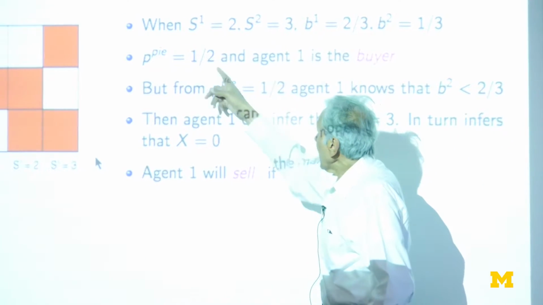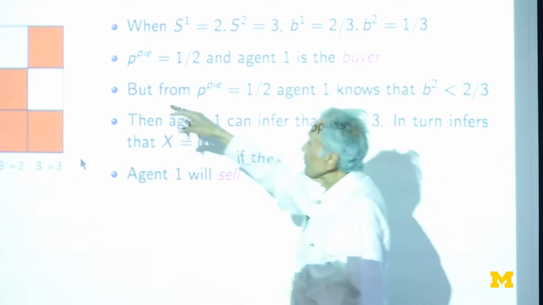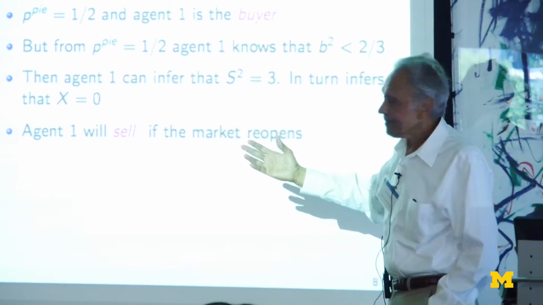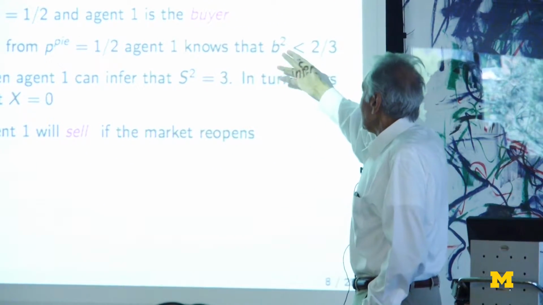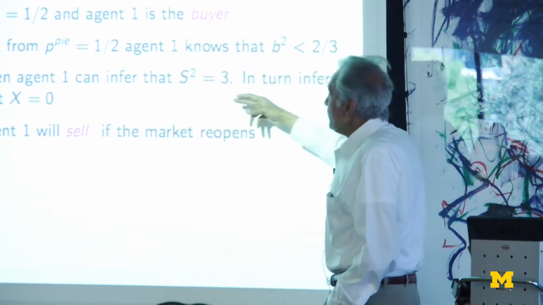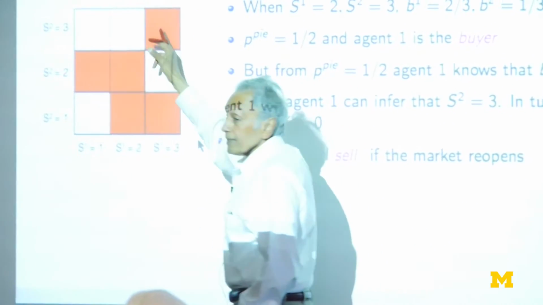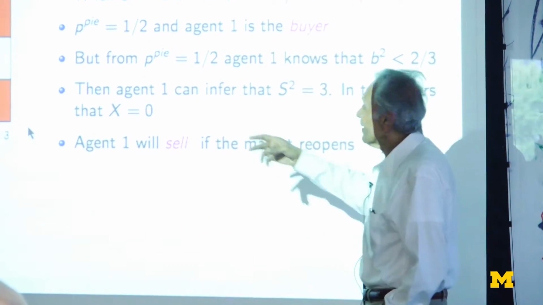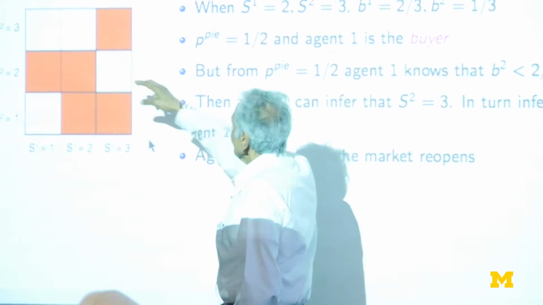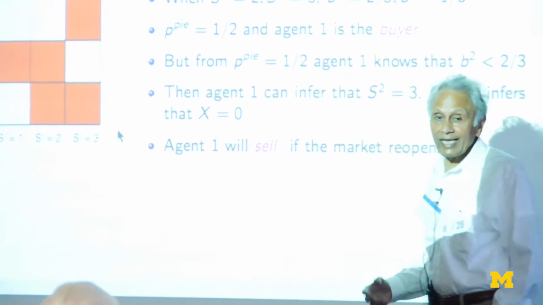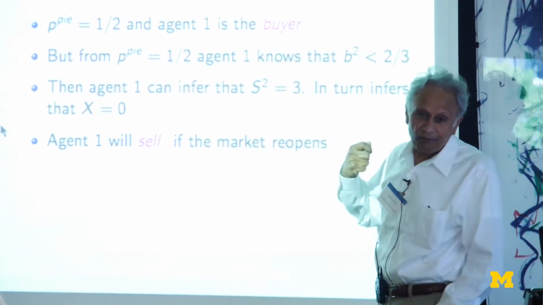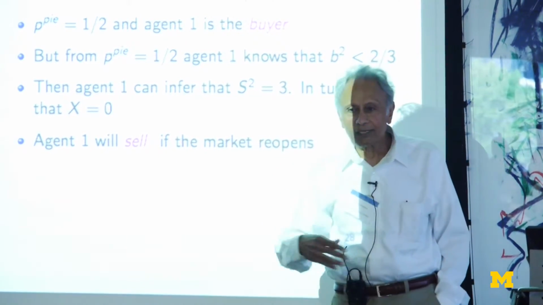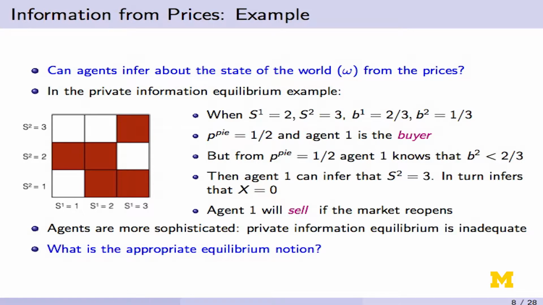But agent 1 knows that if that's the price and the other guy's buying, then he must be over here, because his average is smaller than 1/2. So he knows at least that agent 2 cannot be 2/3, and therefore agent 1 can infer that this is the actual realization. Then he doesn't want to buy anymore. Its value is 0, so he wants to withdraw his offer. So now he'll sell if the market reopens. So you see how more information is revealed.